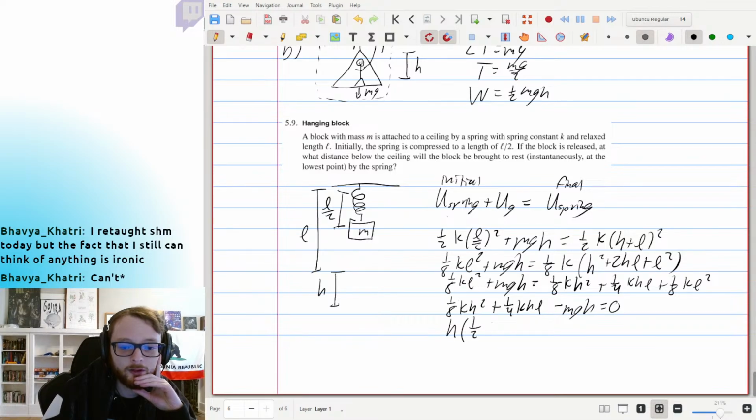I think I have a slight issue in my work where h equals 0 doesn't make sense. I don't think h equals 0 should be true, but let's just keep the math going anyway.